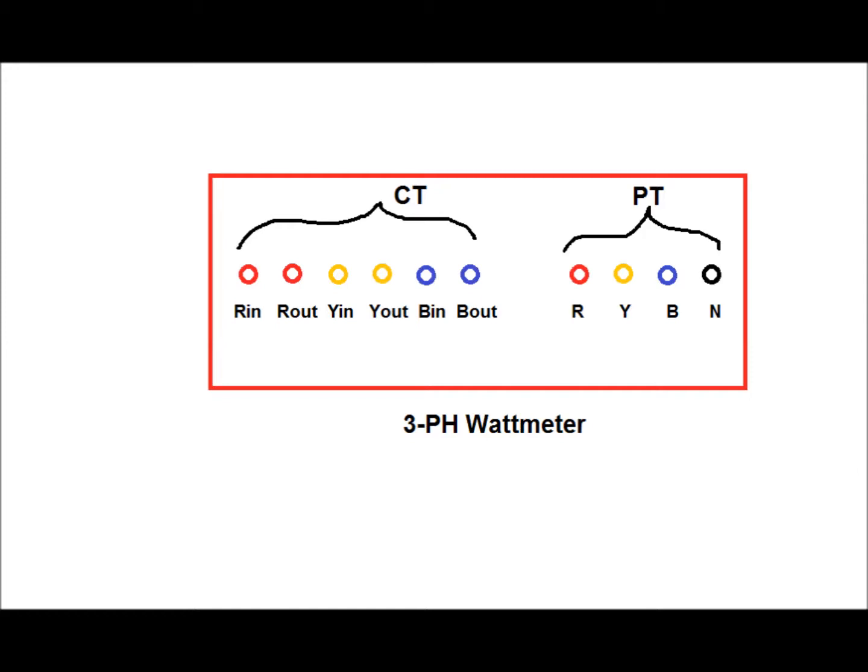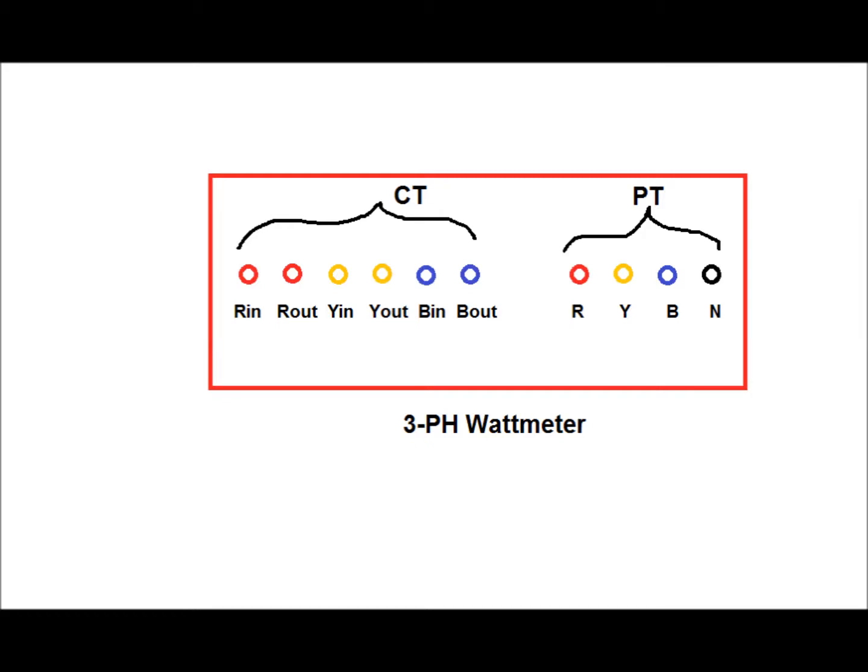Now the three-phase wattmeter circuit has been shown in this diagram. Here there are current inputs for CTs and potential transformer inputs for PTs. PT inputs are red, yellow, blue and neutral respectively, as shown on the right side of the diagram. That is, the PT secondary for the red phase should be connected to the red phase in the wattmeter.